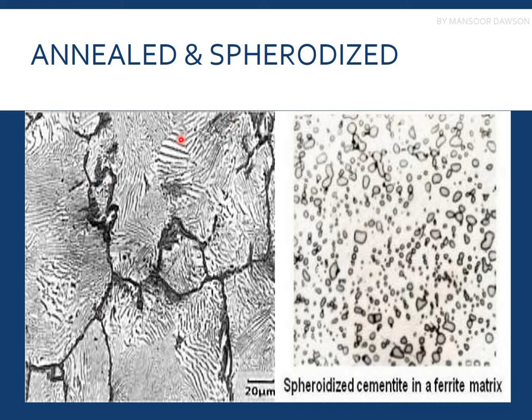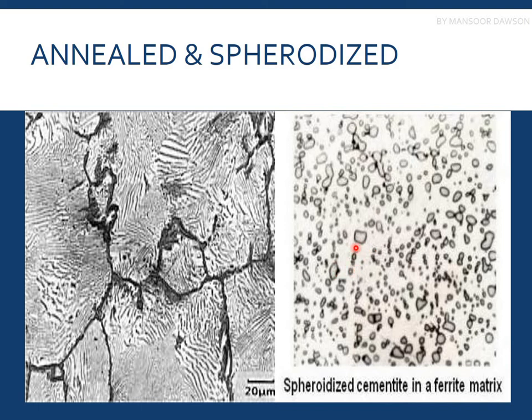You can see here the microstructure of annealed and spheroidized steels. In a high carbon steel, you can see the spheroidized cementite in a ferrite matrix. The light background is the ferrite matrix, and you can see these small spherical shapes.